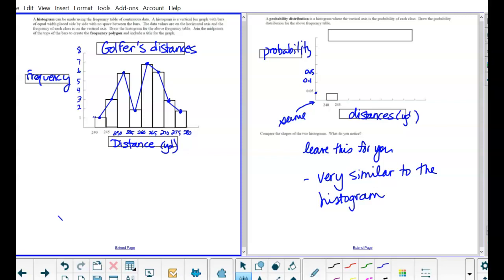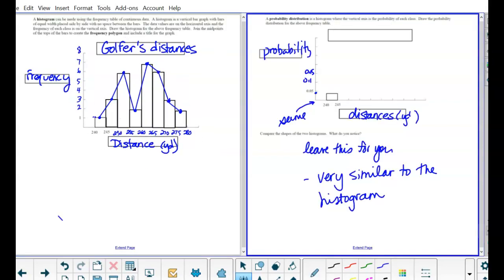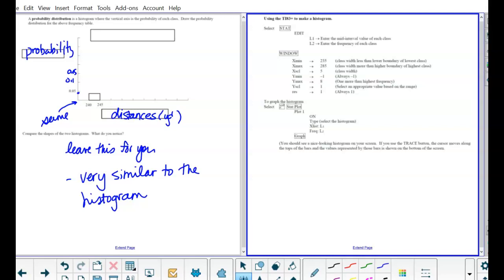Okay, now, same thing with the TI-83 directions here. Oops. This is directions on how to make a histogram. This is just for your interest's sake. You're never going to be asked to make a histogram on your calculator because it really doesn't do anything.